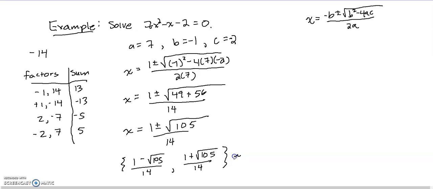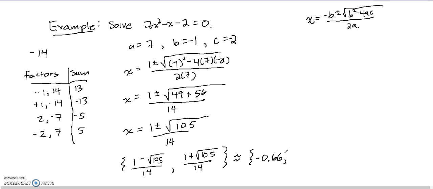Right, and we can get the decimal approximations as we typically like to do. So the first one comes out to minus 0.66.